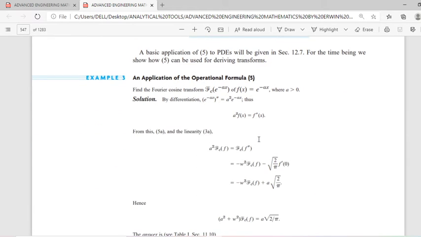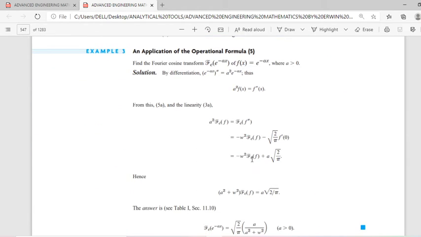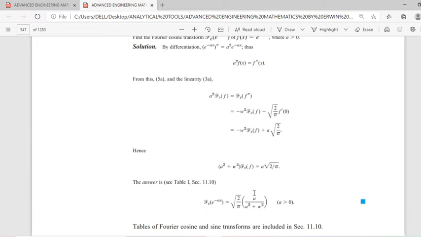Okay, so when we use that equation, we can see what is f dash of 0. f dash of 0 is nothing but minus a, so it will become plus a into root of 2 by pi. You can take the similar terms: a square plus w square times Fc of f equals a into root of 2 by pi.